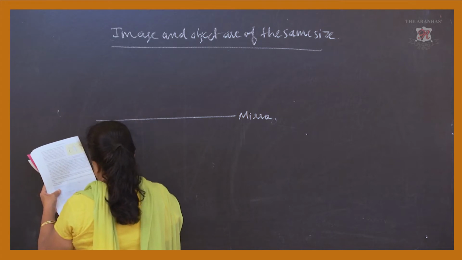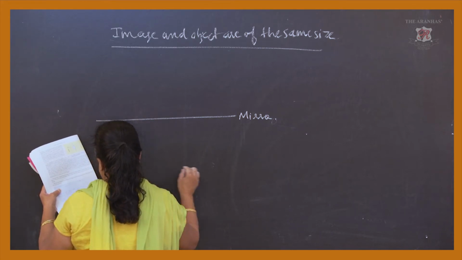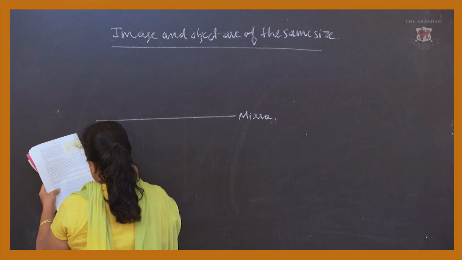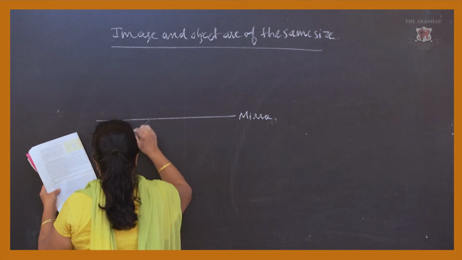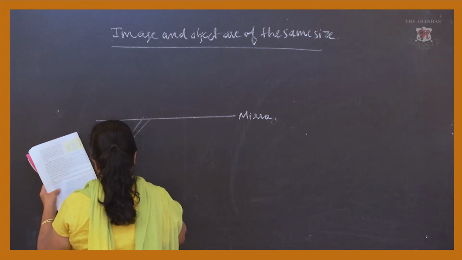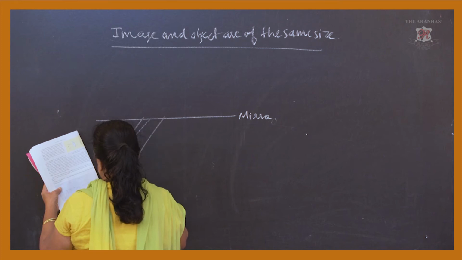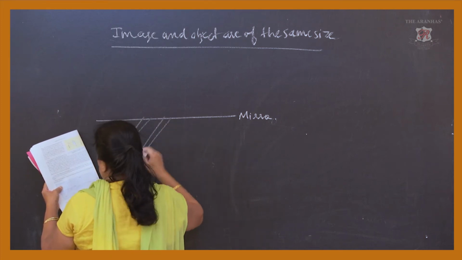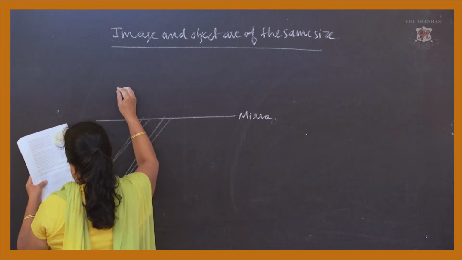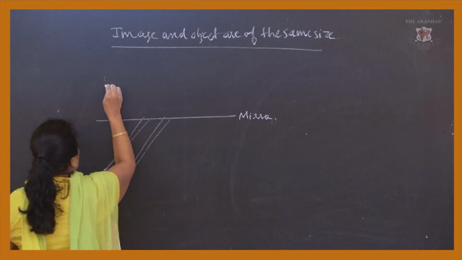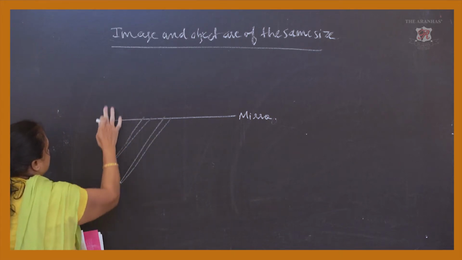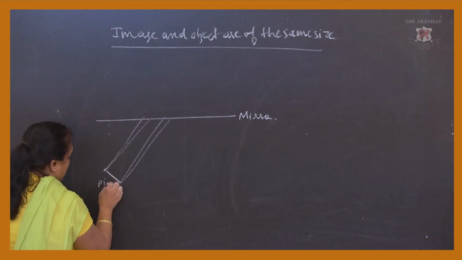From this, the source of light is present, and the rays of light are falling on this specific surface. And here you find that there is an image of this object. This is a pin, the head pin.